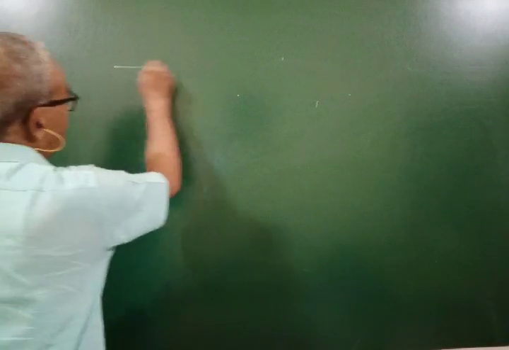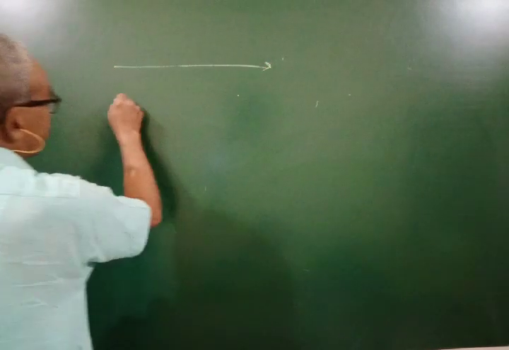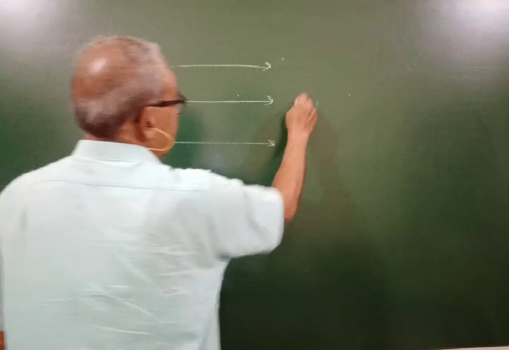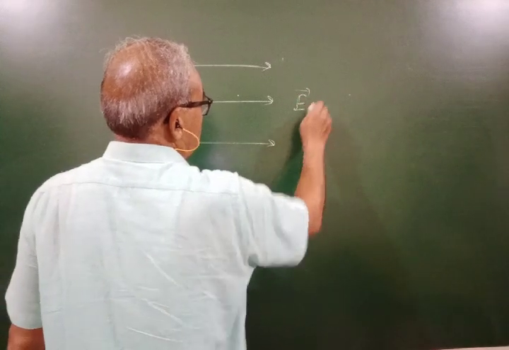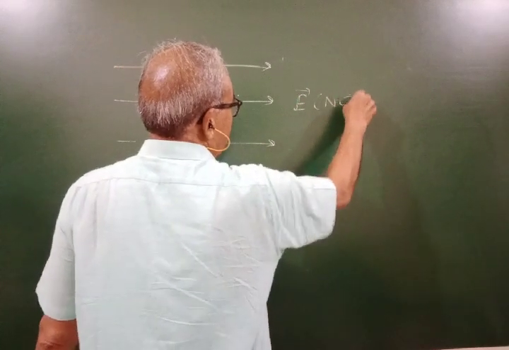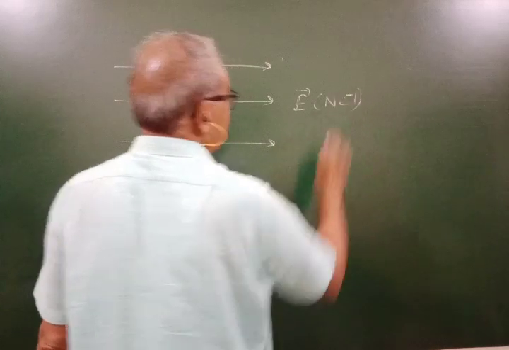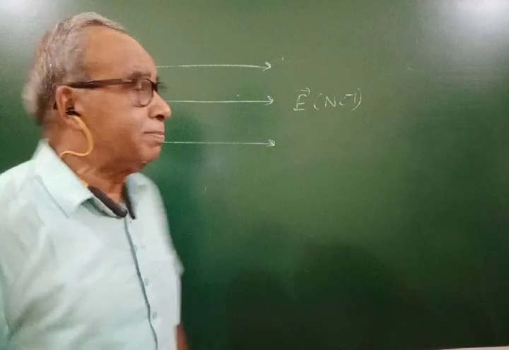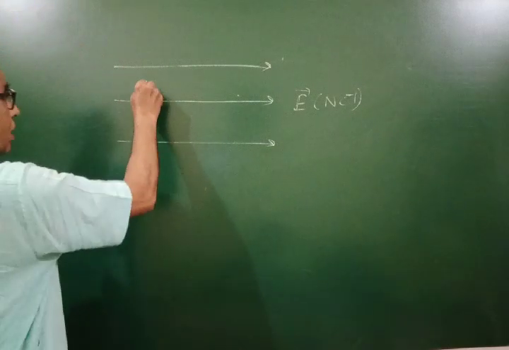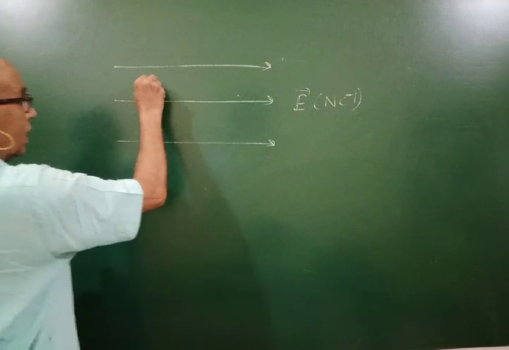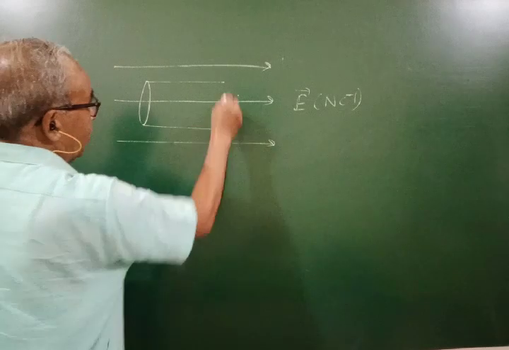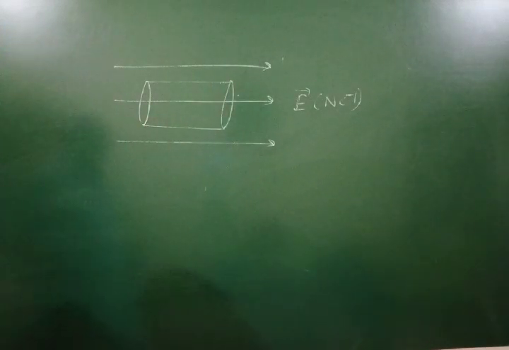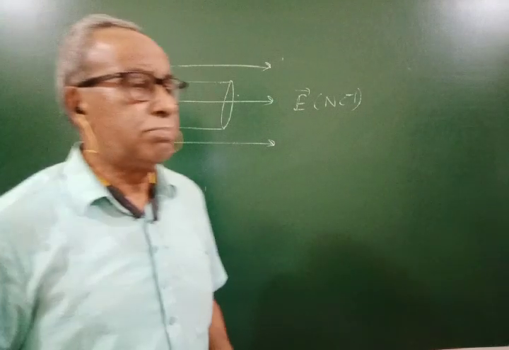Very good book. Here is a uniform electric field E in units of Newton per coulomb. Please adhere to the units; before writing anything, think over what the unit is. There is a cylinder inside this space, maybe an imaginary cylinder, or maybe really a cylinder.